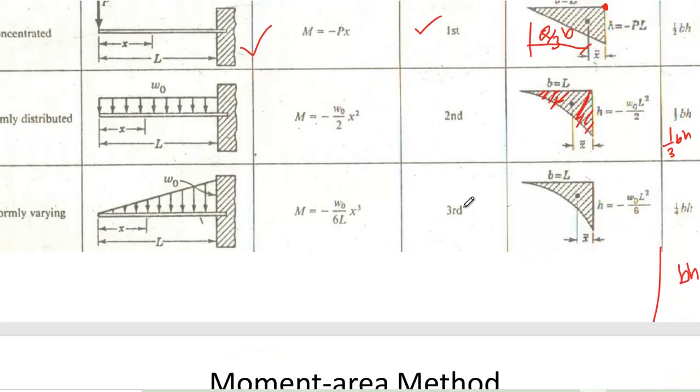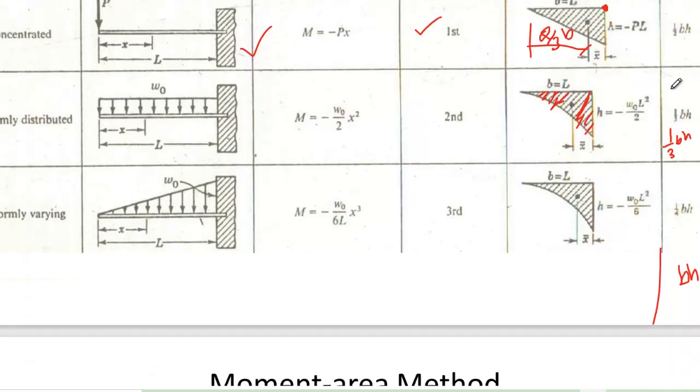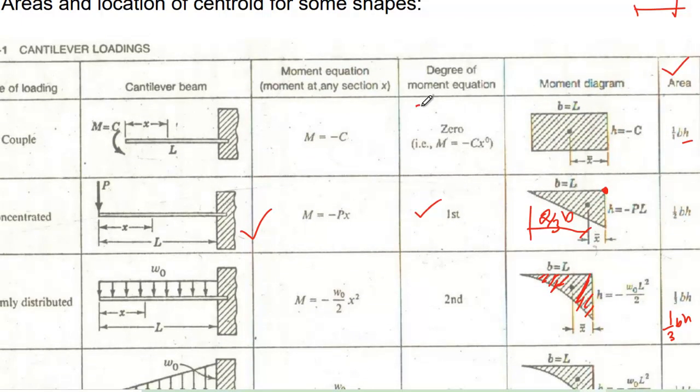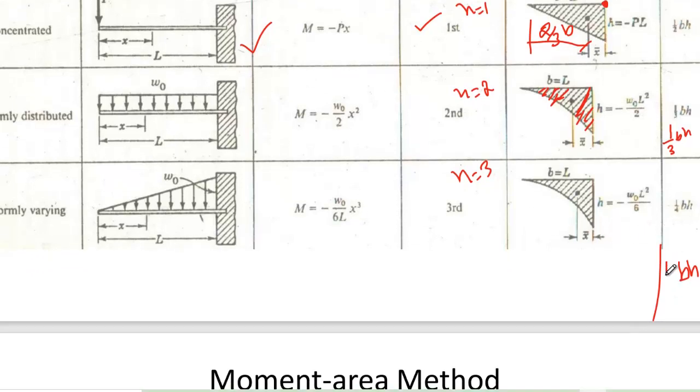So if you consider the moment degree, have a look, this is first degree, but it is 1 by 2. This is 0 degree, it is 1 by 1. So what does it mean? If I consider the degree as n, n is 0, n is 1, n is 2, n is 3, right? So what I can say here is this is 1 by n plus 1 into this.